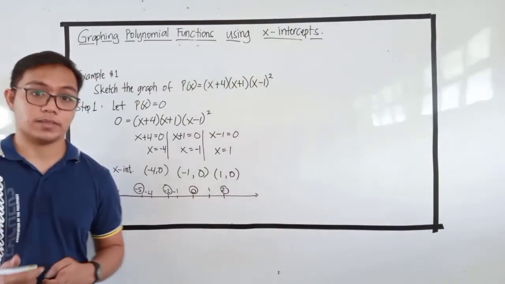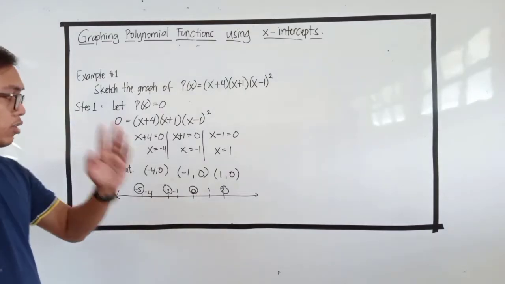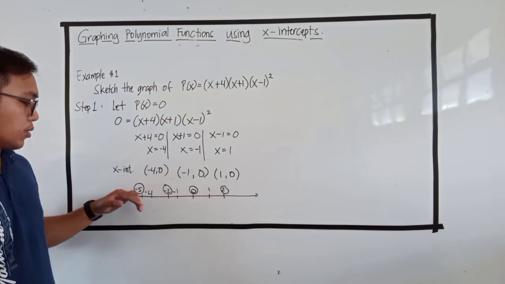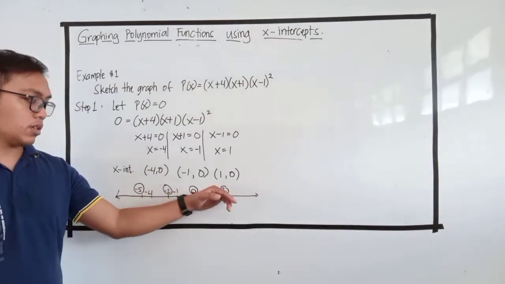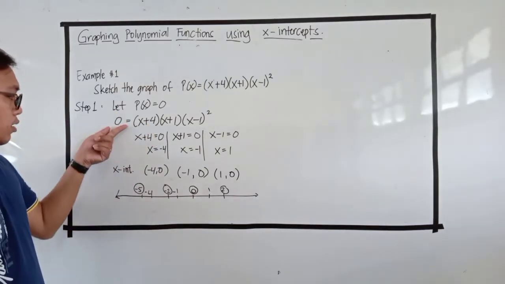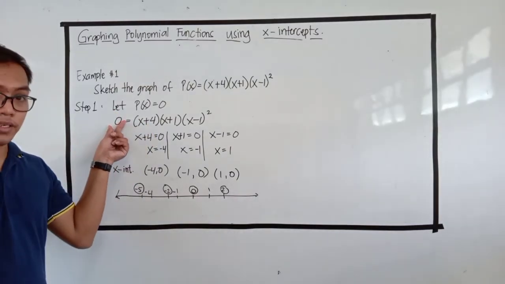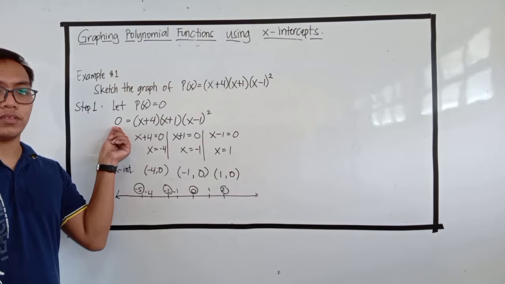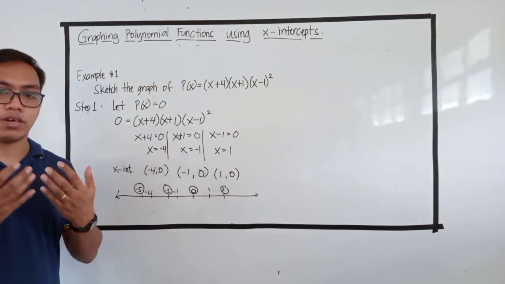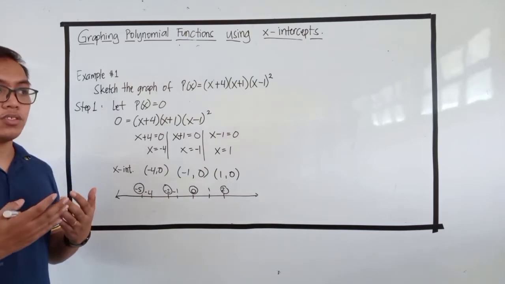So how can we do that? We are going to substitute these numbers into our function. And then, we need to know the sign of the answer, so that we can say where the graph tends to move.